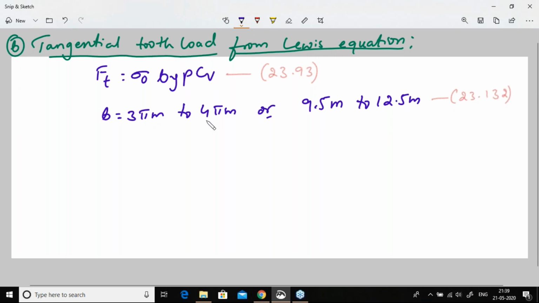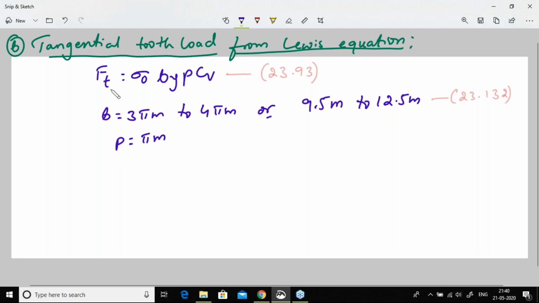Either by considering this one or this one, we have to assume a B value. Next, Y is the Levy's form factor of the weaker member. P is the circular pitch, which is equal to pi × m.